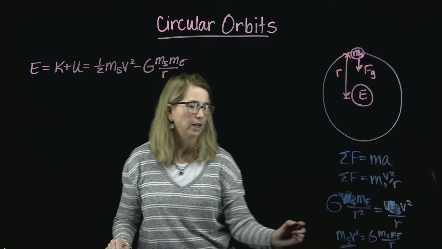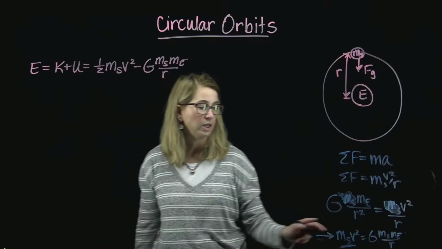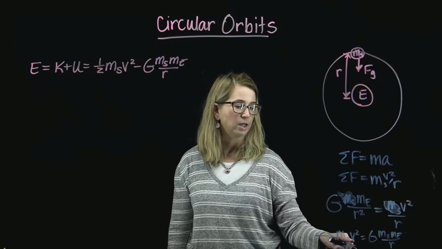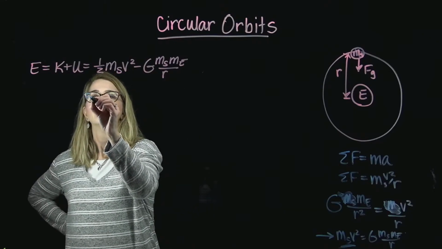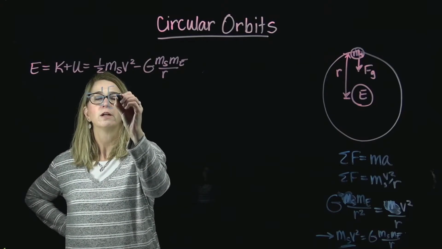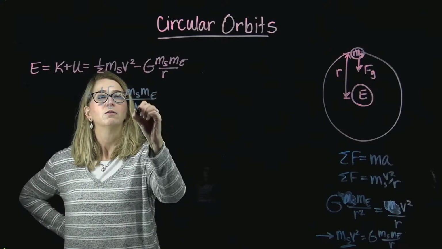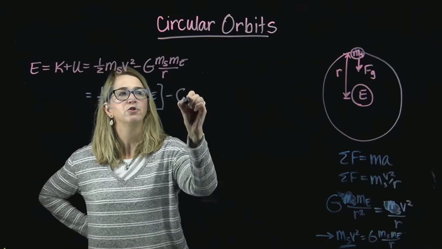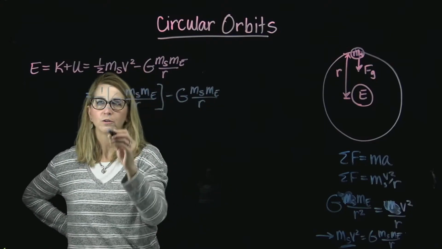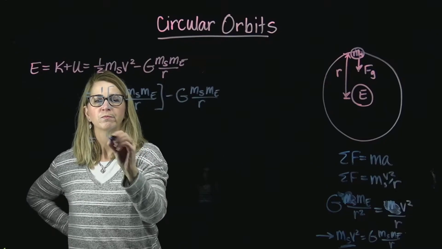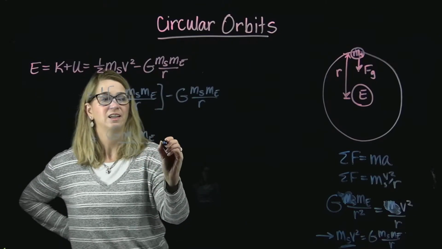Now you might see why I was interested in this expression, because I could substitute in for the mass of the satellite times v squared. I could substitute in this expression. So I'm going to rewrite that. I have 1/2, and then I'm going to write big G, the mass of the satellite, the mass of the Earth over r, and then minus big G, mass of the satellite, the mass of the Earth over r. So you might see that what I have is two terms that look a lot alike.